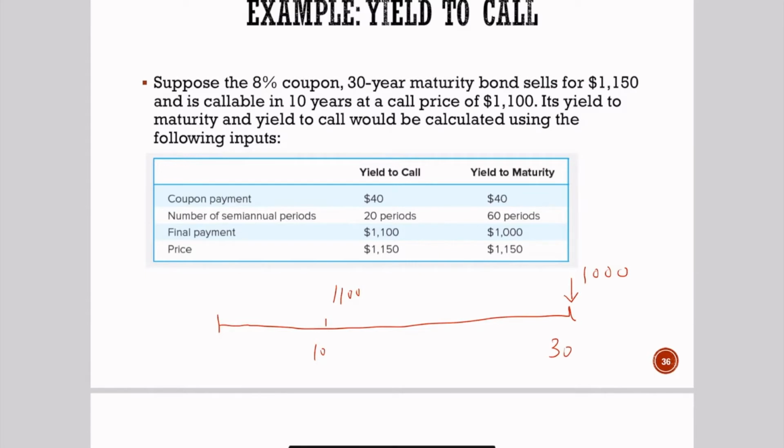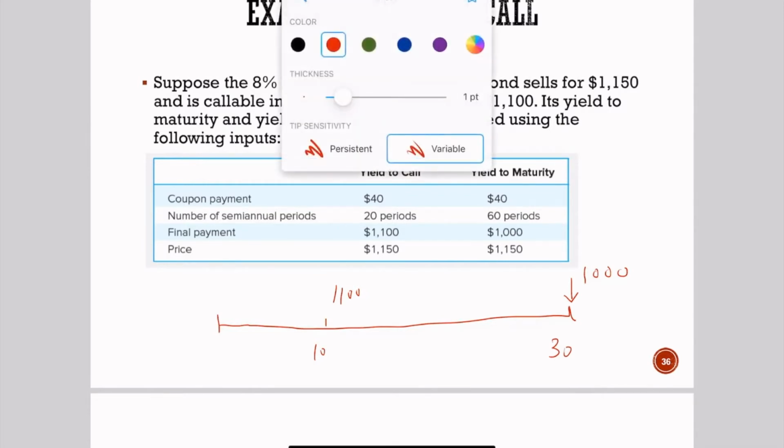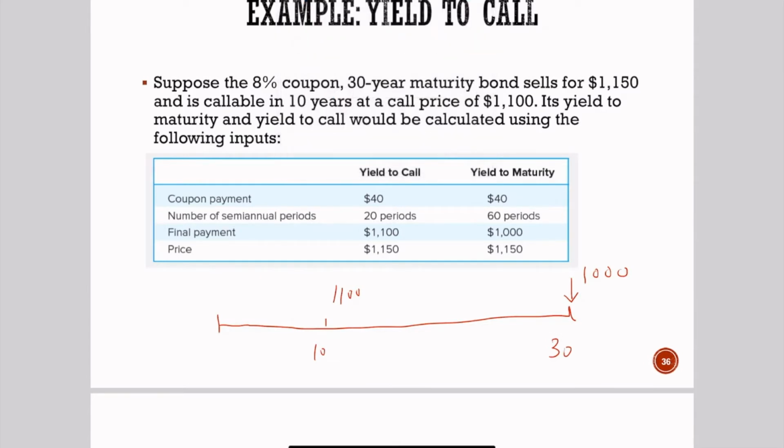And now you can see that we basically have two differences in calculating yield, right? So basically, to calculate yield to call, you have to use this 10-year and this 1,100 as the final date payment.